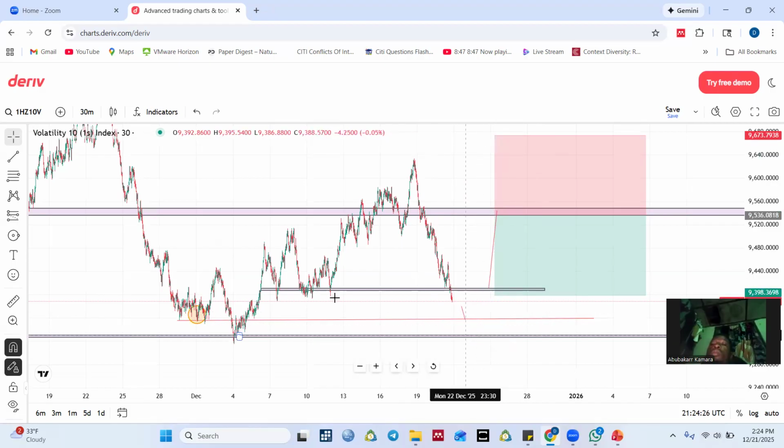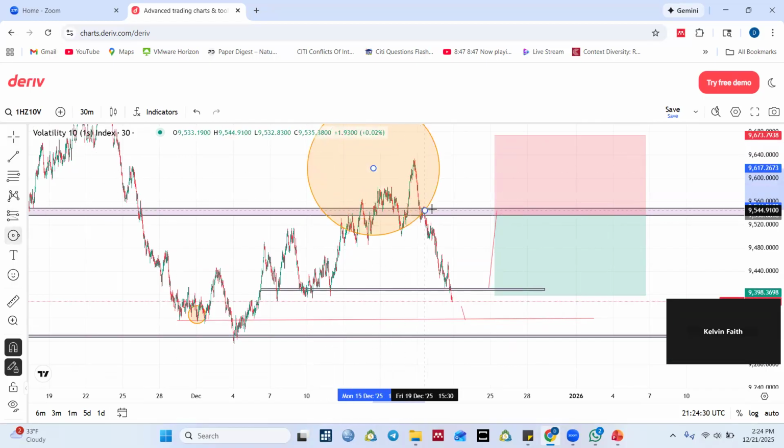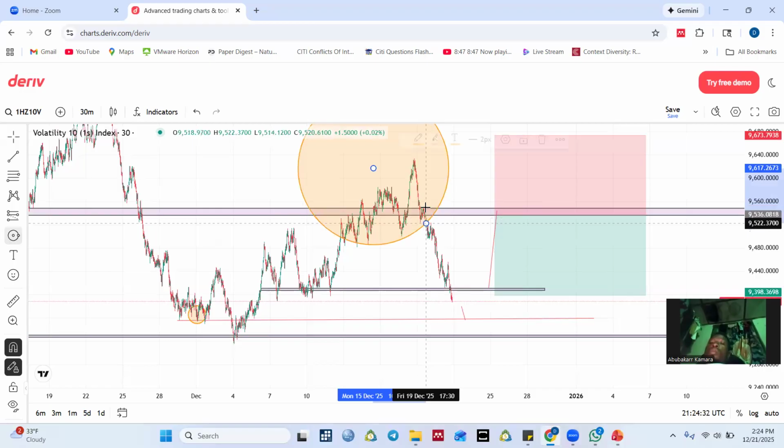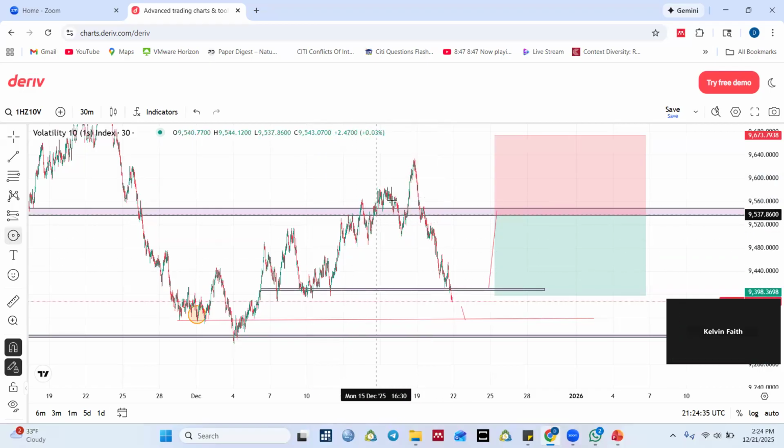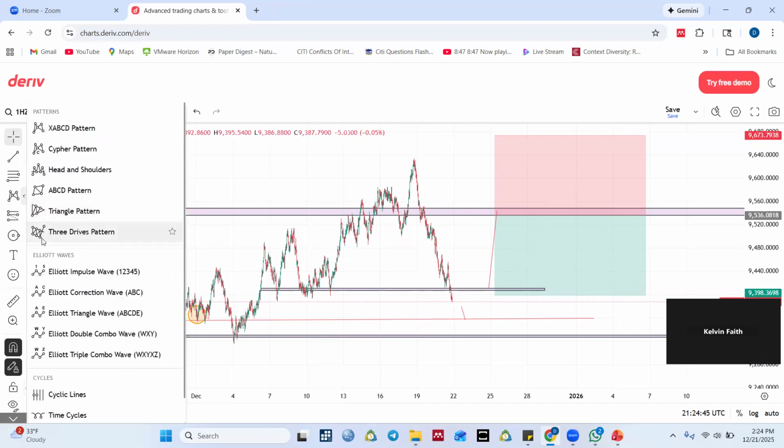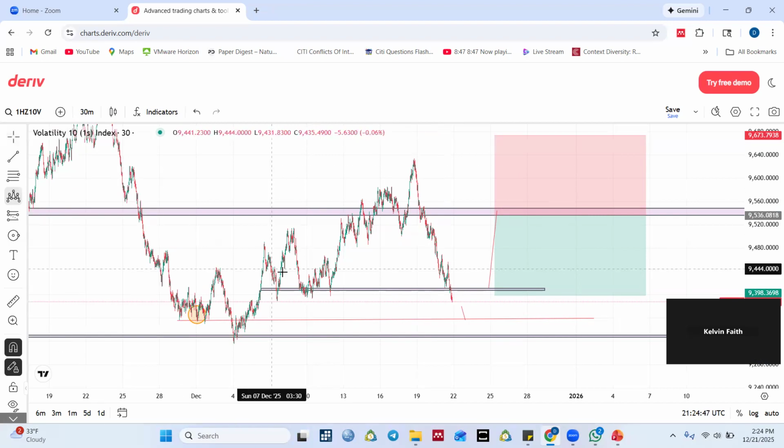The other thing is if we are predicting that this area is going to be a strong area, we must see a morning star, no, evening star or head and shoulder or double top. So what do I see now?